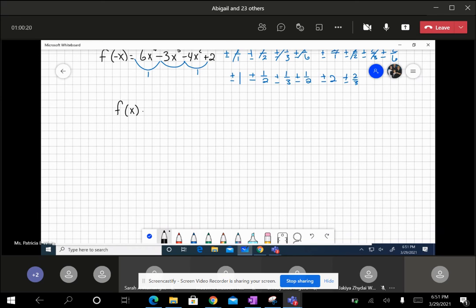F of X. Let's determine how many positive, how many negative, and then give me a list of your potential zeros.